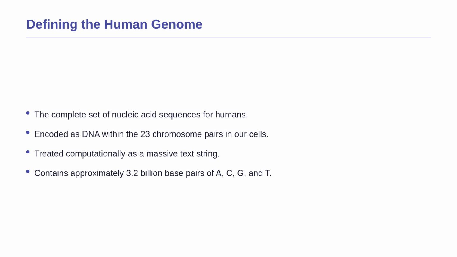We treat this genome as a massive text string. And when I say massive, I mean approximately 3.2 billion base pairs long. These base pairs are represented by the chemical letters A, C, G, and T. Reading a string of 3.2 billion letters is a monumental task that pushes the limits of modern technology.